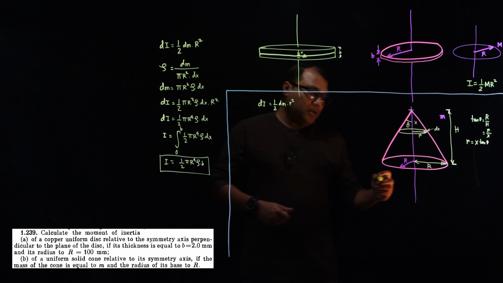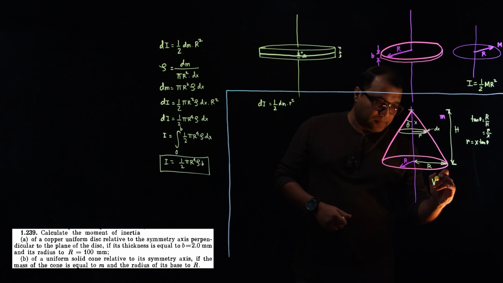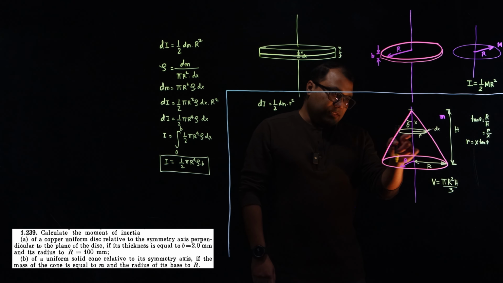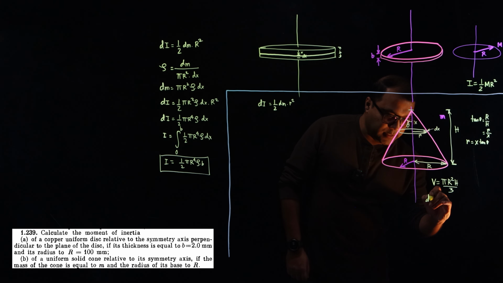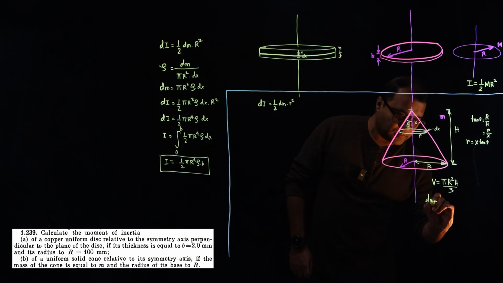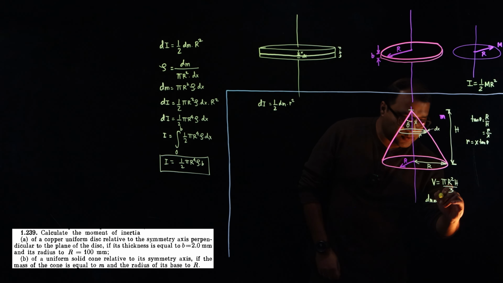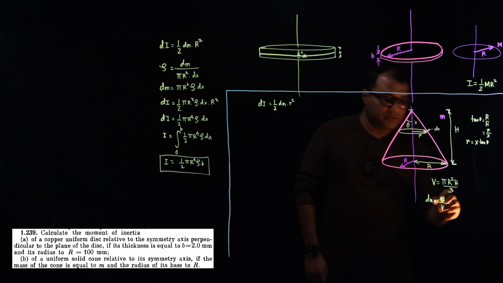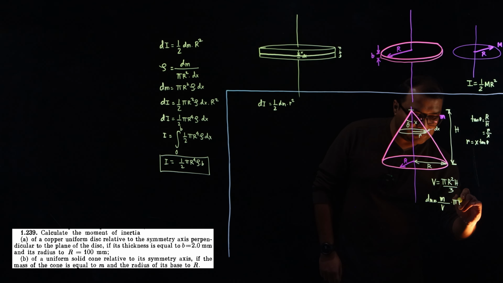The volume of the cone, let's say V, is pi r square h by 3. So for this element's mass dm, it will be total mass m divided by volume, times the volume of this element, which is pi small r square times dx.